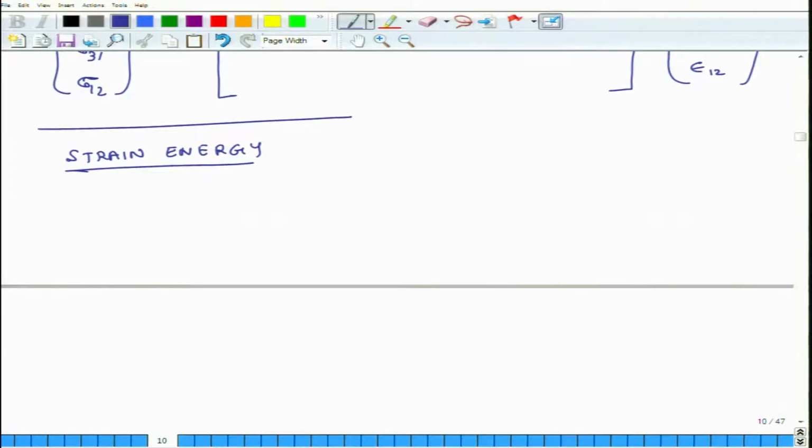We will again start by understanding the basic thought process using the example of an isotropic material. If I apply a stress sigma, it experiences some strain, and when I stretch it, it expands and some energy gets stored in the system, the strain energy.